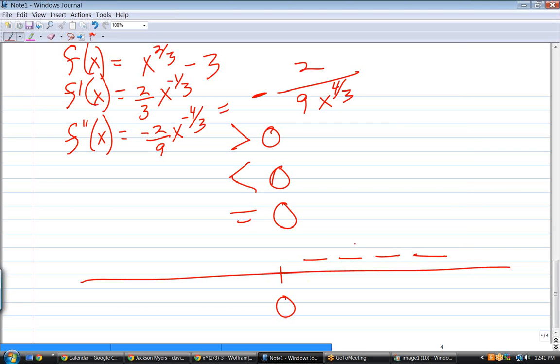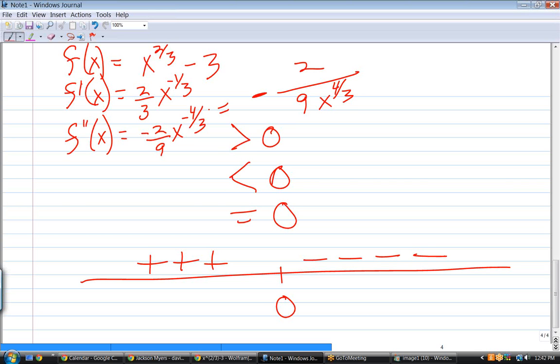So I guess I would have to say it's concave up to the right of 0, concave down to the, excuse me, I got that backwards. It's positive this way. It's concave up to the left of 0, concave down to the right of 0, and the inflection point is at x equals 0.